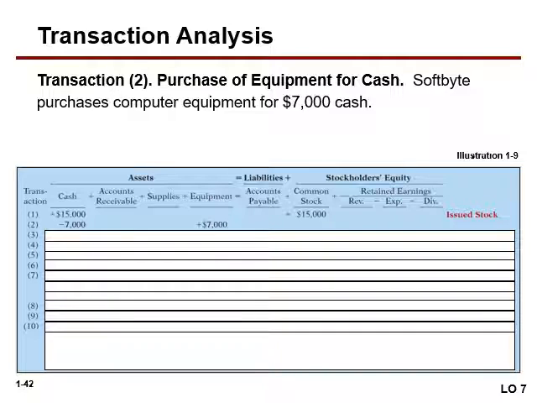So the two accounts affected by this transaction are only on one side of the accounting equation, the left side under assets. One asset, equipment, increases and one asset, cash, decreases by the same amount, $7,000.